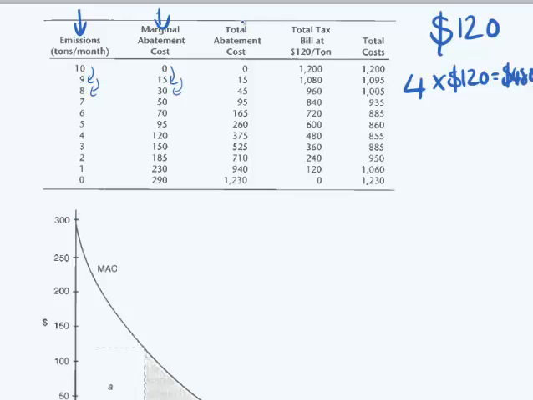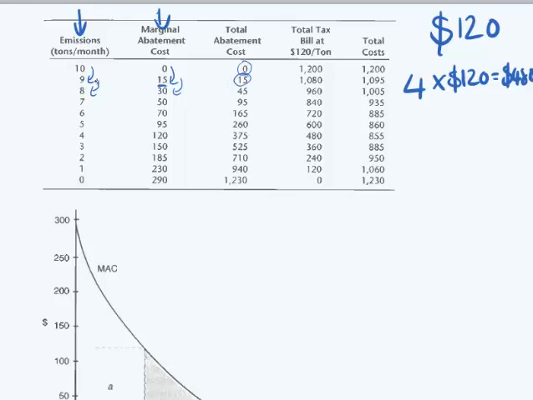Total abatement cost does not refer to reducing it by 1 unit, but it refers to the total amount I pay in order to clean up, in order to abate. So at 10 units it's 0 because I don't pay any abatement costs. At 9 it's 15 because I reduce 1 unit, and that 1 unit costs me 15, so my total is 15.